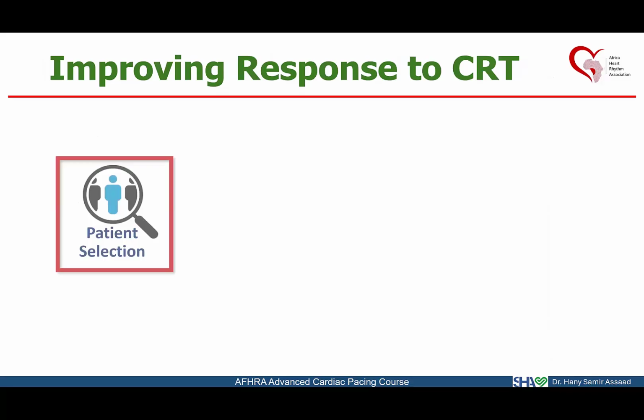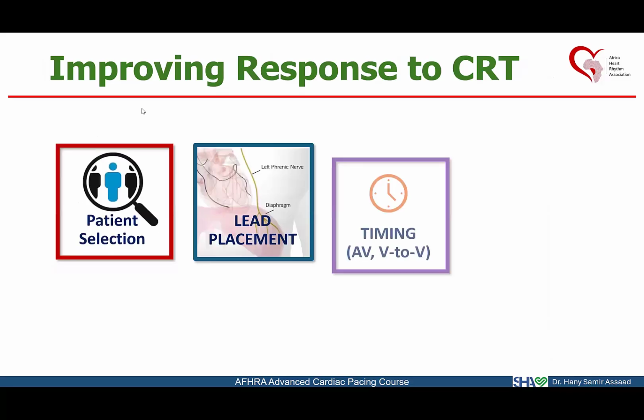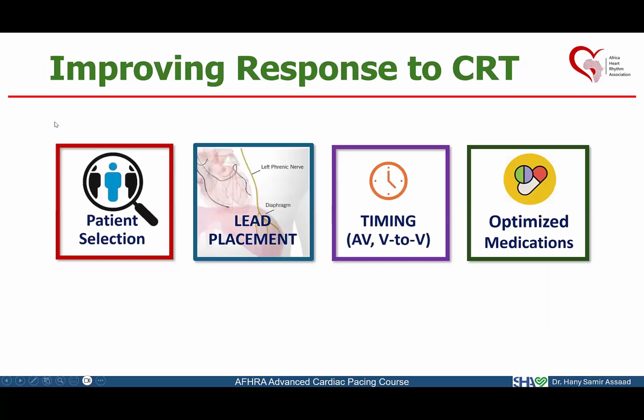It's always good to think that these are the four pillars of a good response to CRT. The most important is patient selection, as we said from the start: to start with a good selection of your patient who would respond to cardiac resynchronization therapy.